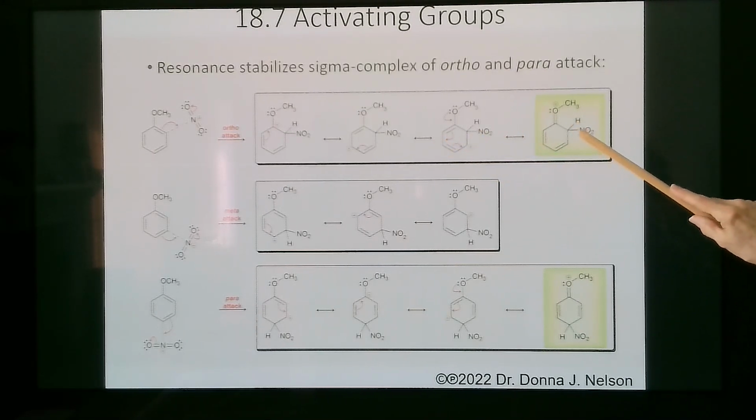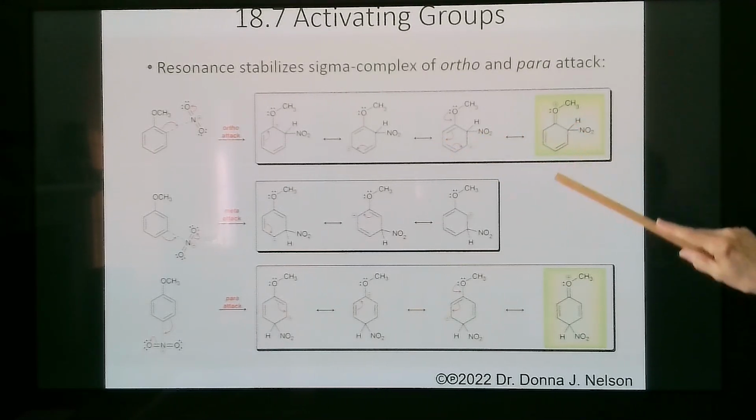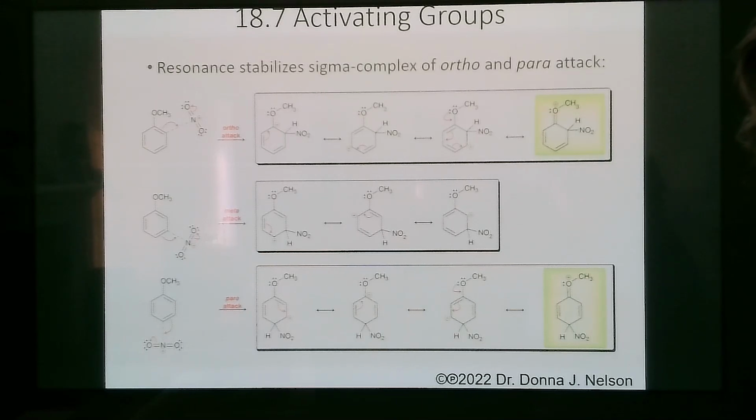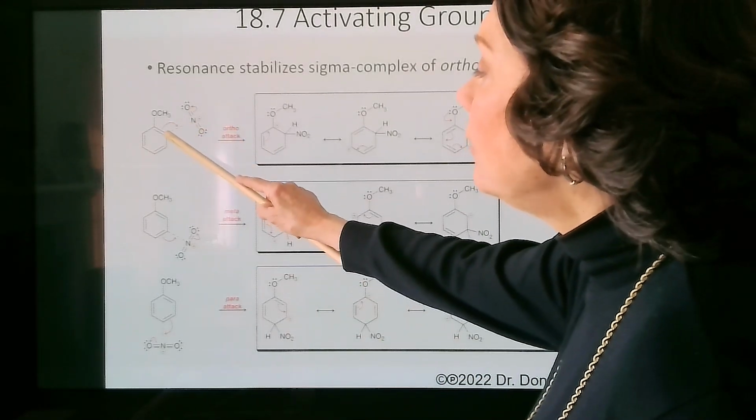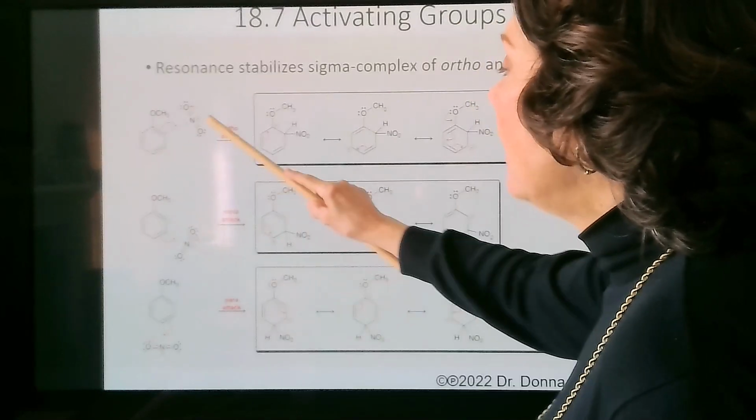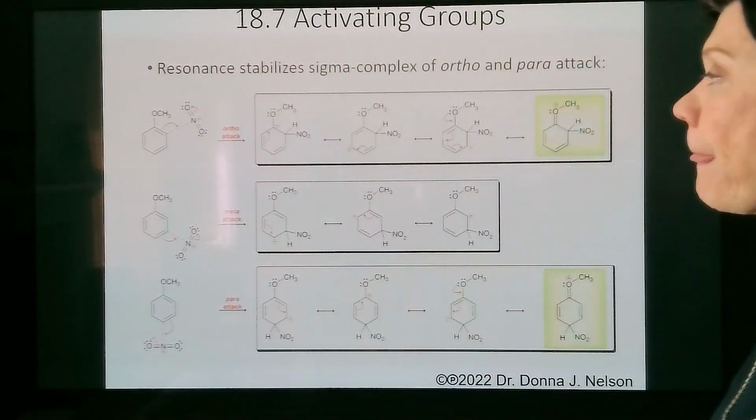And so it is ortho-para directing, and it also increases the rate of the reaction. So it's activating and ortho-para directing towards additional electrophilic aromatic substitution. So once again, what we're talking about here is bringing a second substituent in and attaching it to the ring.